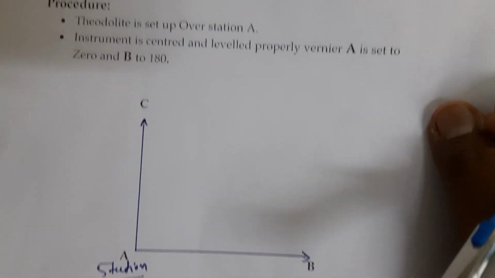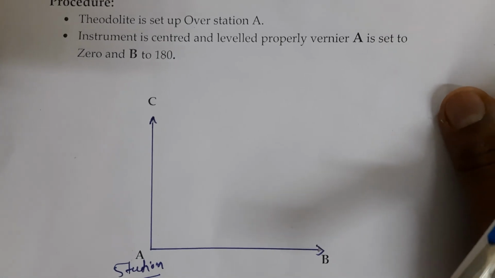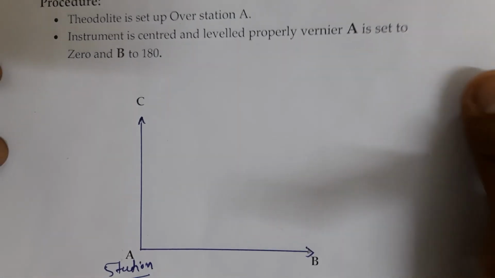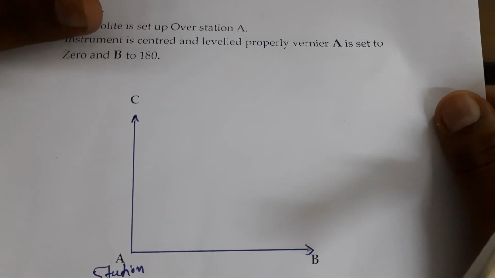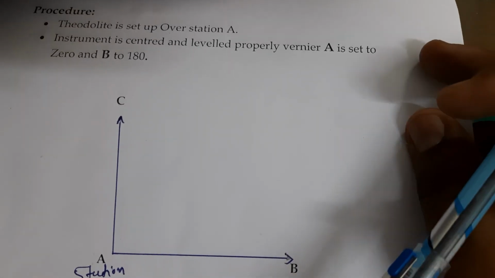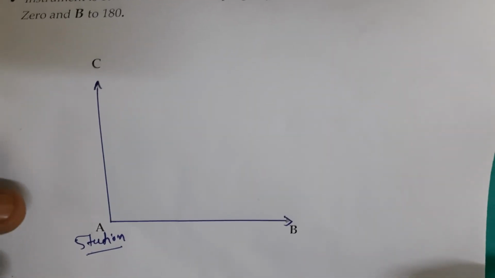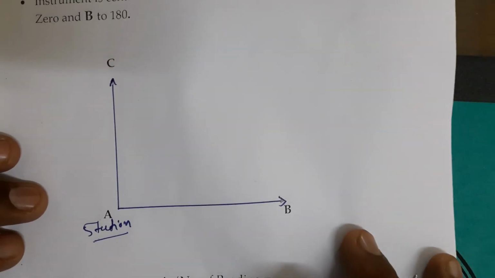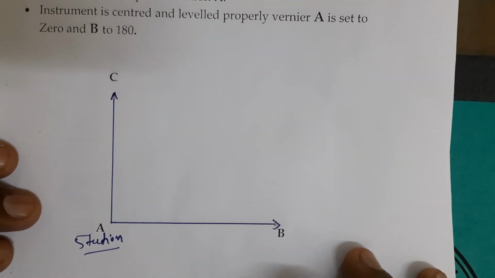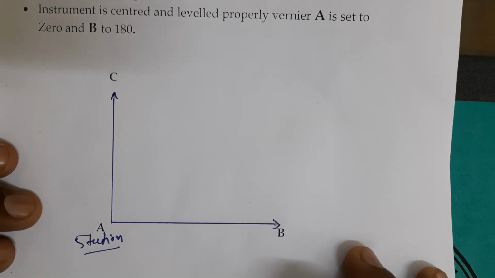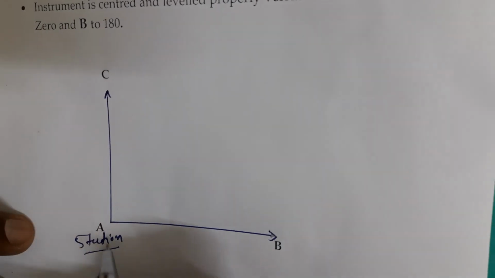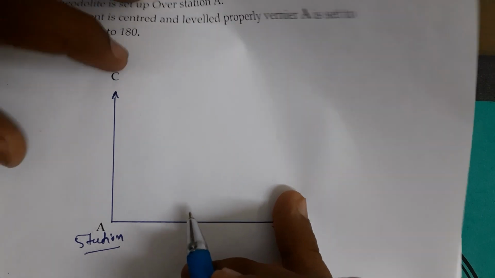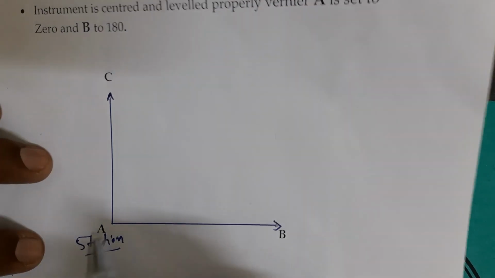In a theodolite there are 2 verniers, point A and point B. You need to exactly coincide the 0 degree level over a vernier, so that point A is set to 0 and point B is set to 180 degrees. The first step is to set up our instrument at station A.